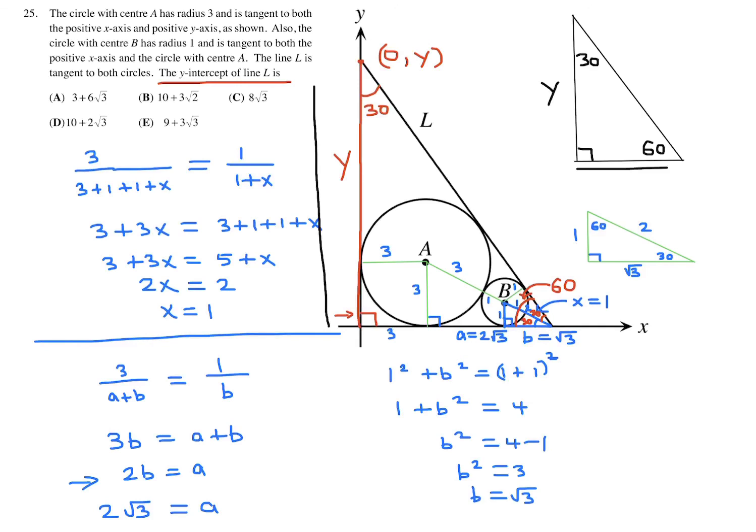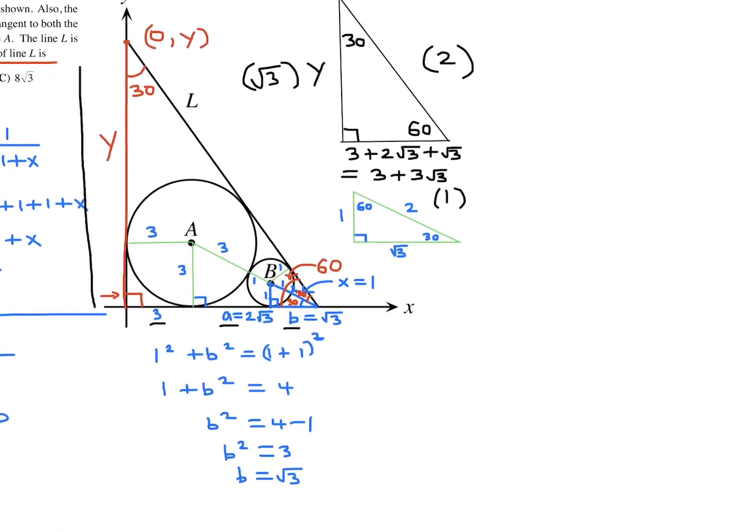And this part, the base, we have figured out. It's 3 plus A plus B, correct? 3 plus A, which is 2 root 3, plus B, which is root 3. And this is all 3 plus 3 root 3. So now we can use the ratio of the sides, which in a 30, 60, 90 triangle are 1, root 3, and 2. All right? So let's calculate that.